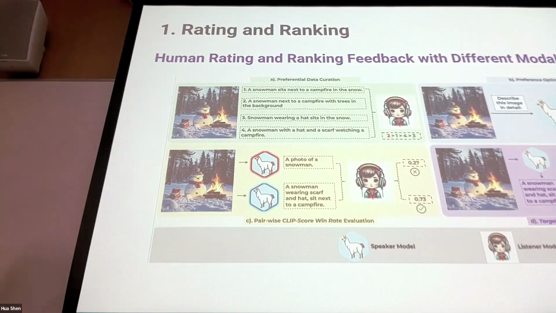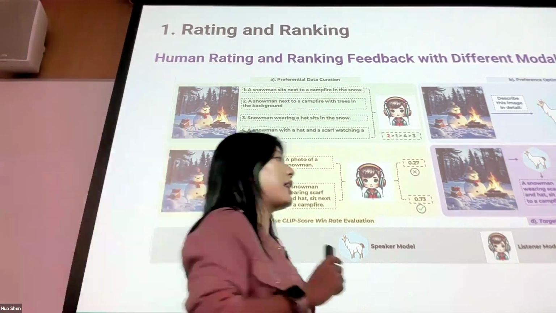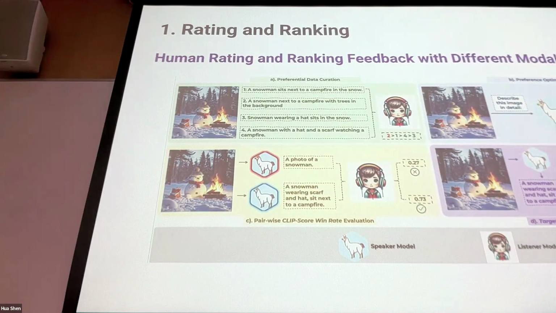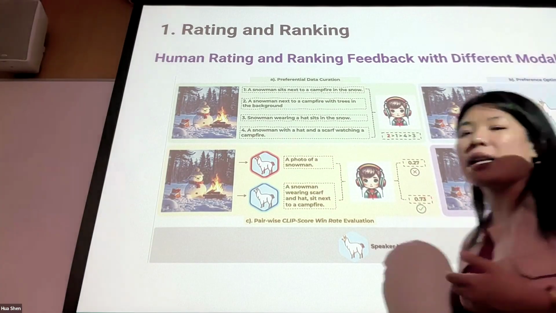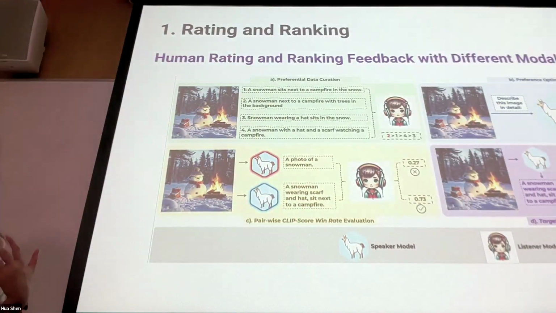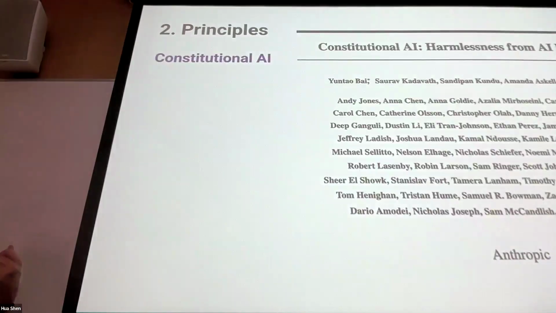These are also using rating and ranking, but I want to show this example to let you know that the rating and ranking is beyond just text-based options. They can also be different images, or even videos or different scores, etc. So these are some typical examples of how the rating and ranking are manifested in human preference data.